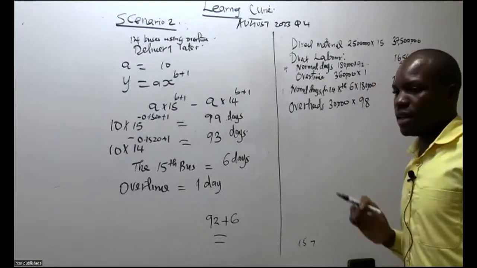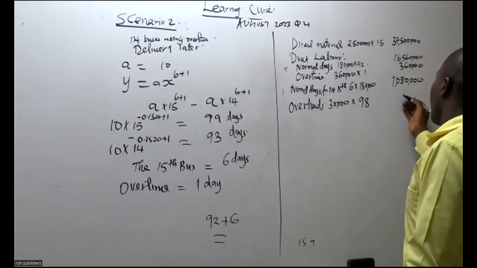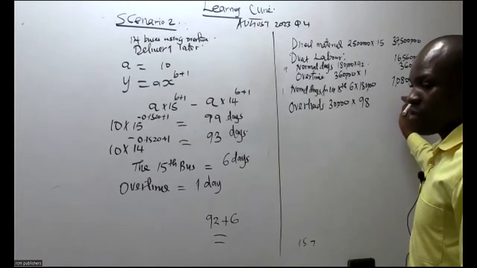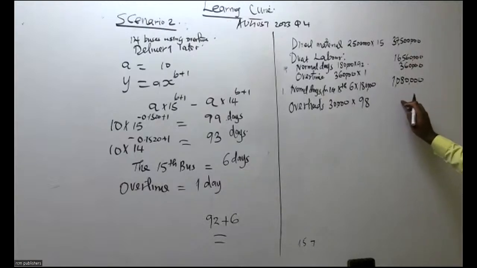Is it not giving us 98? So give me the answer here. 98 by 30,000. Tutakuwa na ngapi? Someone.